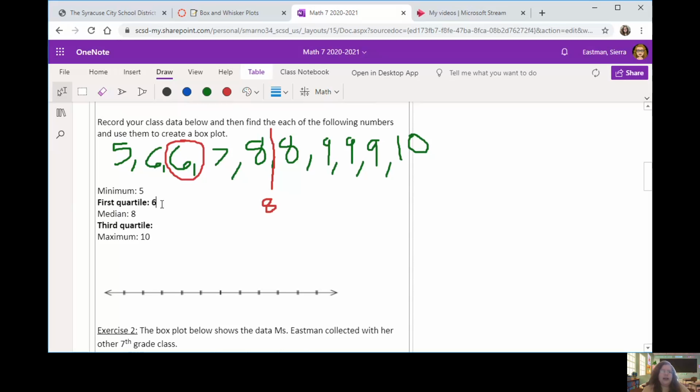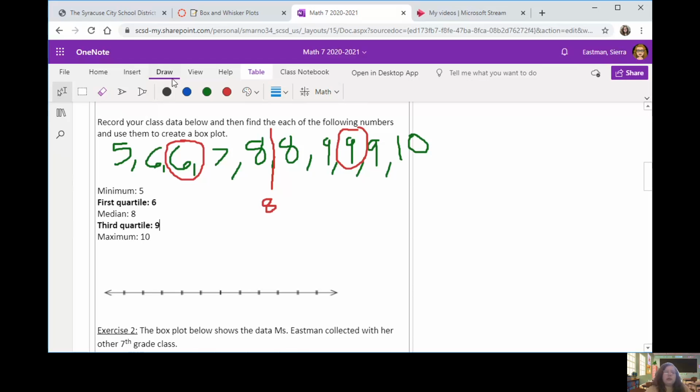We split the data in half again. Now our third quartile is exactly the same thing. Now you're looking at the upper half of your data, the larger numbers, and you need to find what's in the middle of only that side. You have a 9 there. They work just like medians, except you're finding the halfway mark of only half of the data.